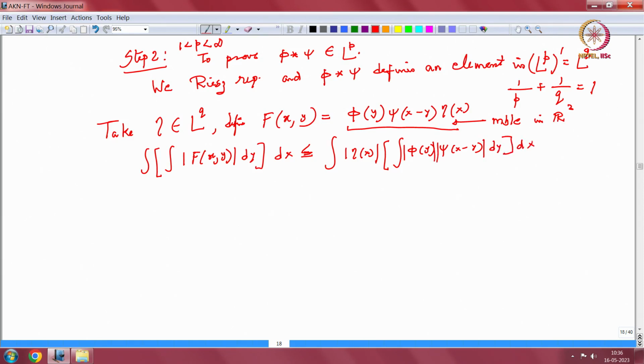Now, what you do is you apply Holder. What you get is that this term will be less than or equal to norm phi to the power p. Now phi is in L^p.